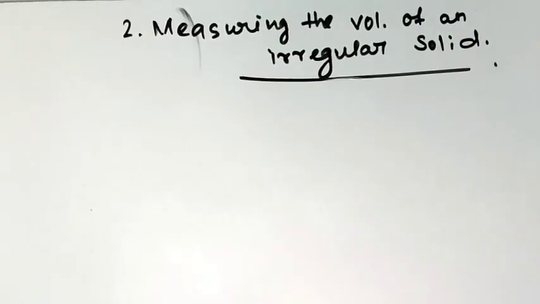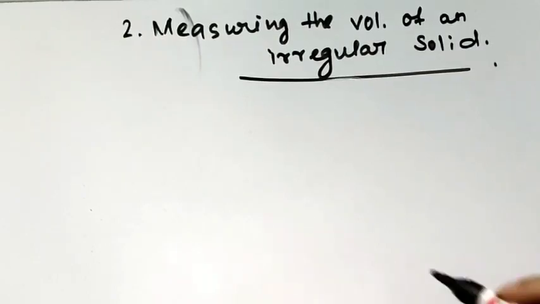Okay, so this is our second topic: measuring the volume of an irregular solid. How to measure the volume of an irregular solid? Irregular solid means a solid which does not have any particular shape.